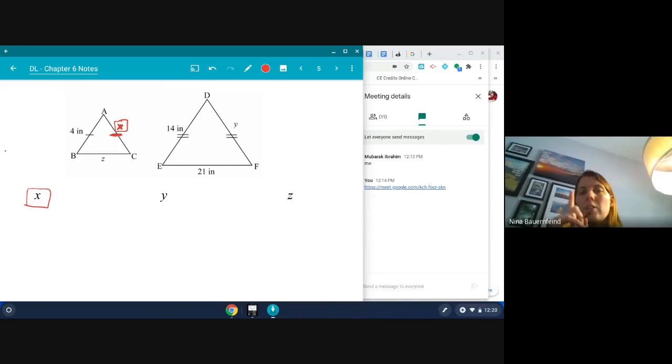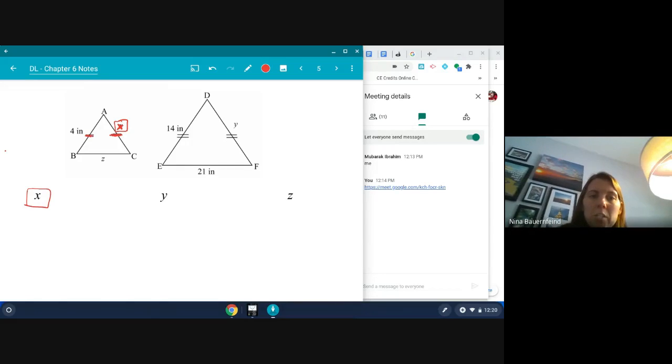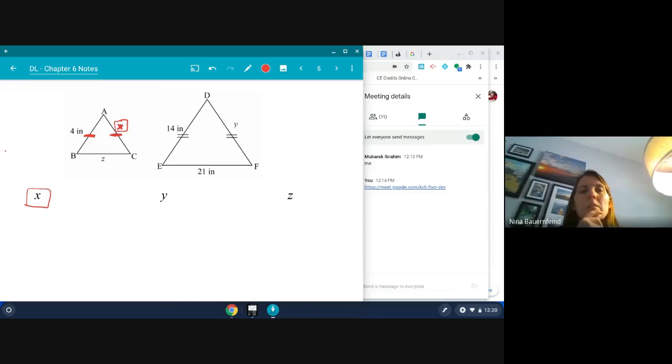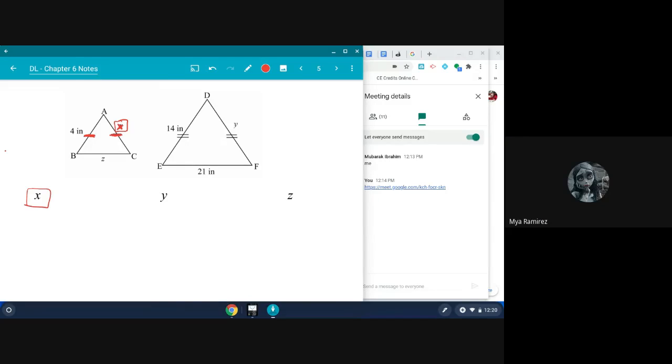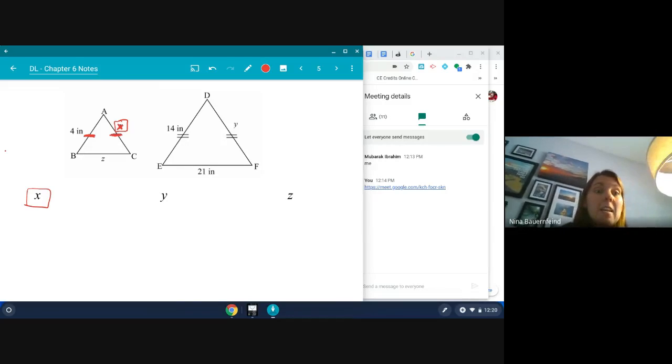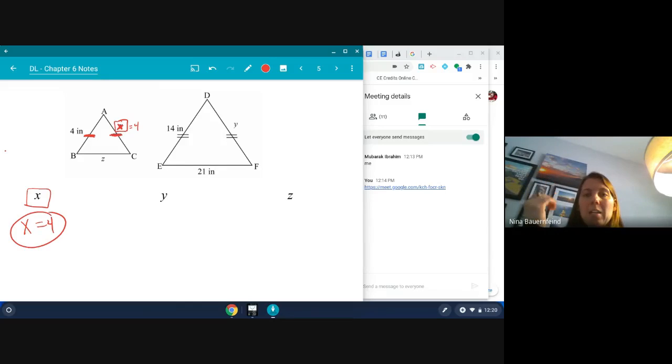And here's the sneaky thing. See how it matches this one? Both sides are equal. Exactly. It means both sides are equal. So that means this is 4. So that one is as simple as that. It's just 4 because they match.